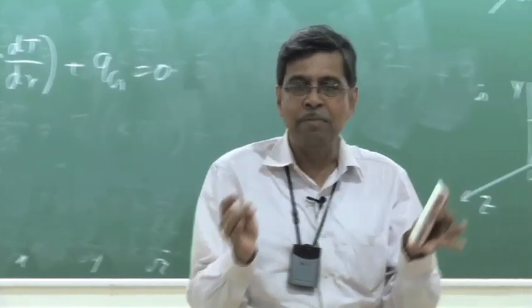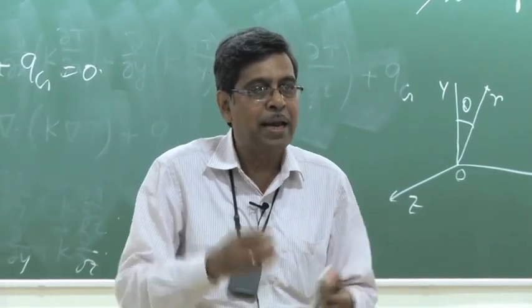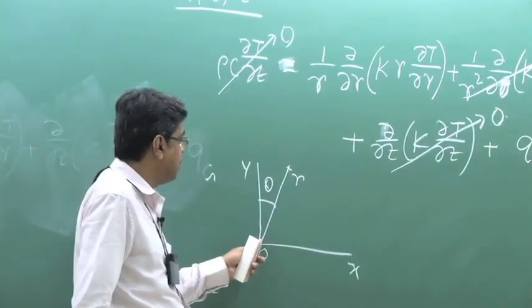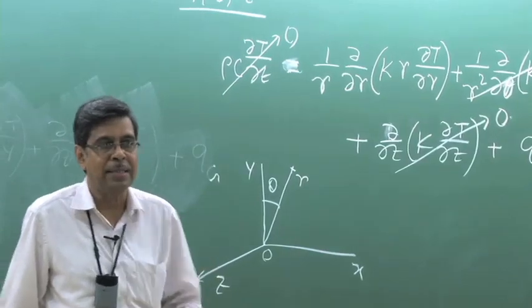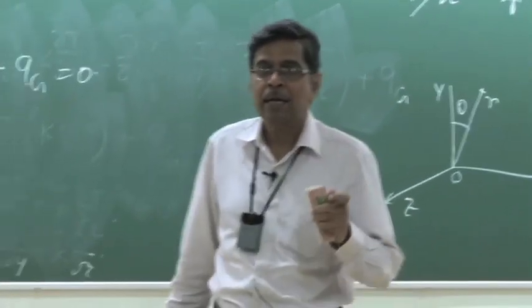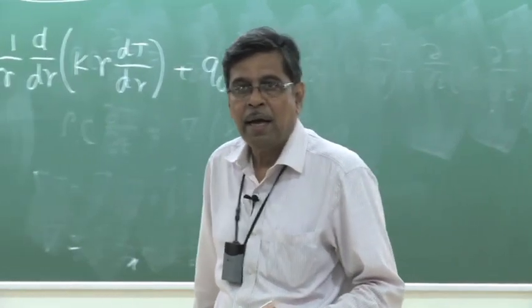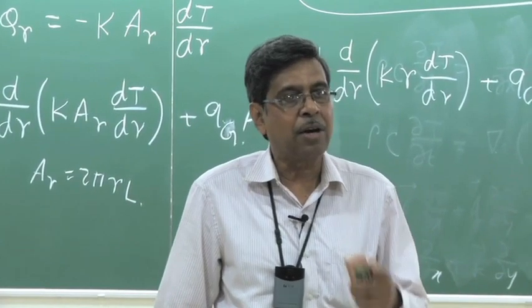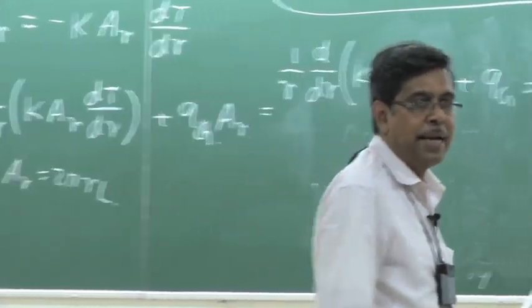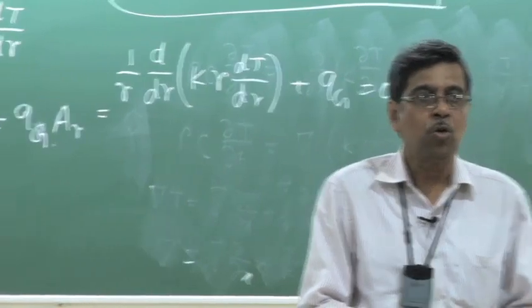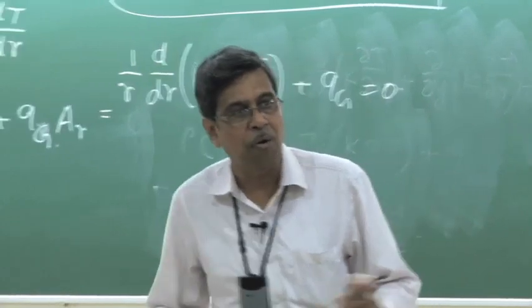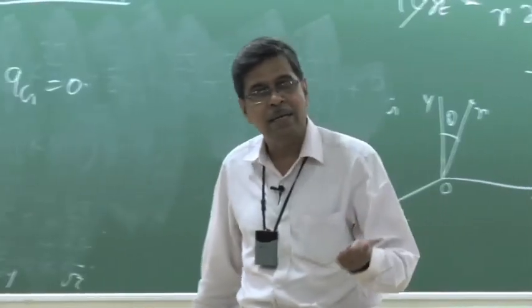Similarly, you have to consider an element or control volume whose planes are parallel to the cylindrical polar coordinate system, that means parallel to r theta, rz, z theta planes. And then, recognizing the heat flux flowing across each plane, take a balance of the total heat flux coming into the control volume with its change in energy, the way it has been done for Cartesian coordinate system. And it is a routine matter, and it is done in any book.